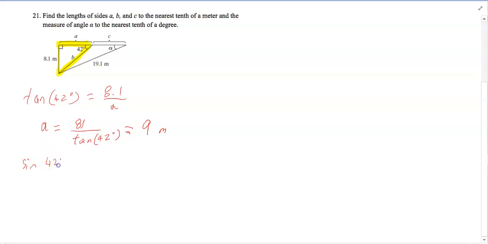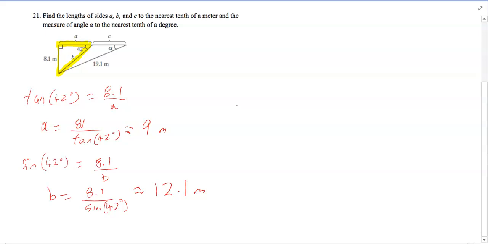So sine of 42 degrees is equal to the opposite side, which is 8.1 over B. With some algebra, B will be equal to 8.1 over sine of 42 degrees. You plug that in your calculator and round it. That should give you about 12.1 meters to the nearest tenth of a meter.